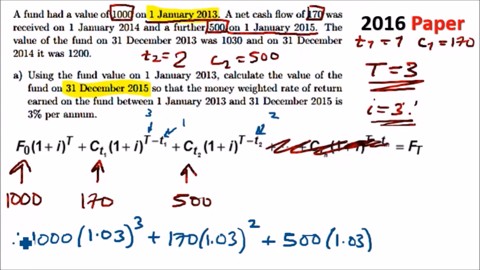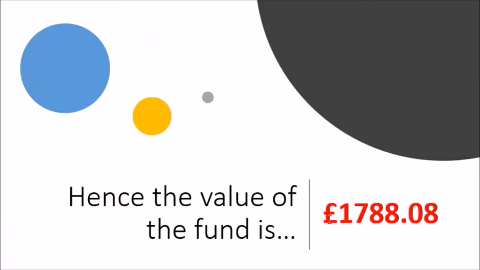And this should give you the final fund value at time 3. And doing all this, you should finally get a result. Hence the value of the fund at time 3 is given by £71,788.08.